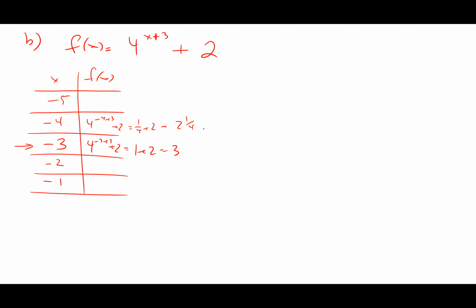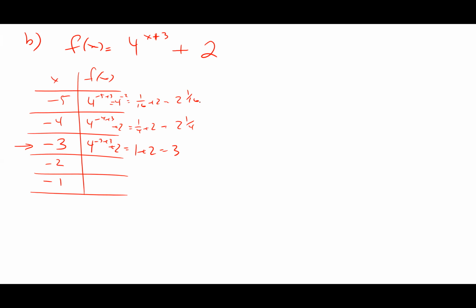Would you want to keep it as an improper fraction or mixed number? Mixed number, yeah, because then I can tell where the line is. This one's going to be, let's see, -5 plus 3. Let me do it in pieces here. This would be -2. This would be 1/16 plus 2 more. So 2 and 1/16.